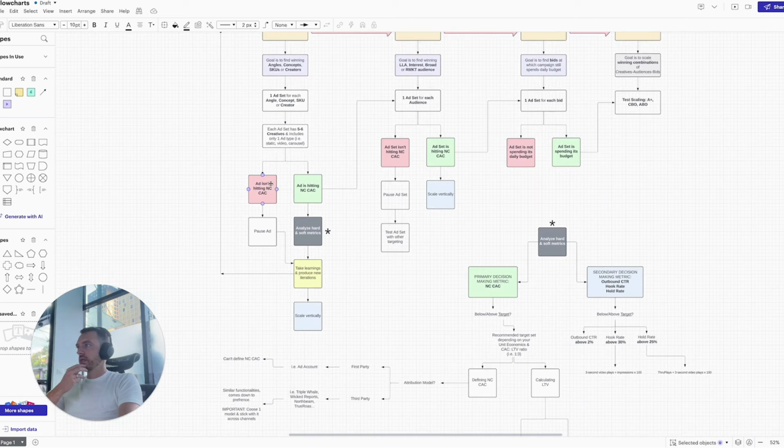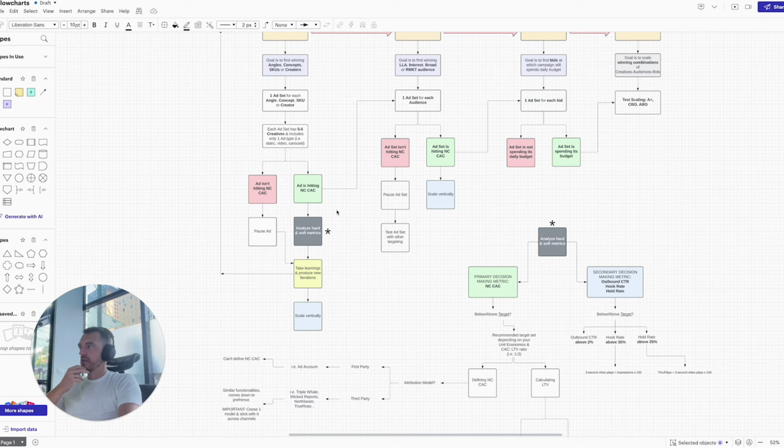And then we decide whether or not the ad is hitting your NC-CAC. So NC-CAC tends to be my main KPI that I always optimize towards and make a decision based on whether or not we're hitting those KPIs. So if an ad isn't hitting the NC-CAC, I would pause the ad.